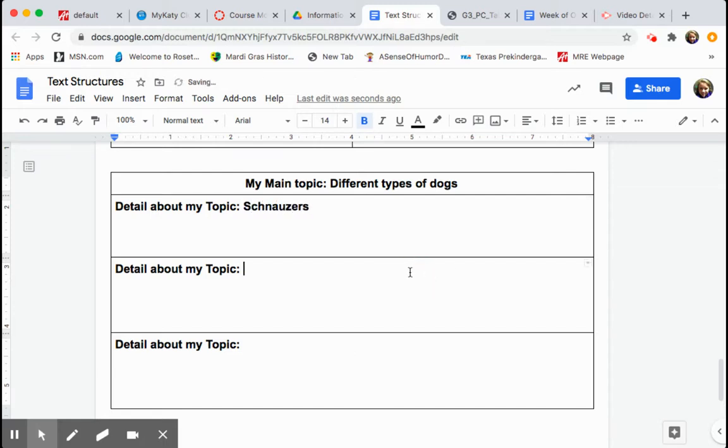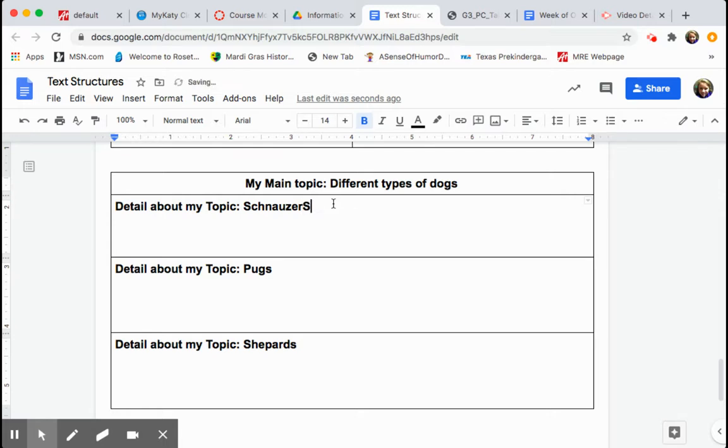I might tell you about pugs. And I might also tell you about German shepherds. Okay, so that's all you would write, and you could start telling me different things about the animal, or about the different bullets.